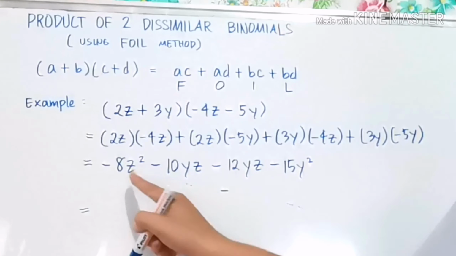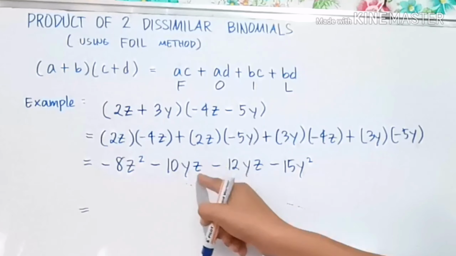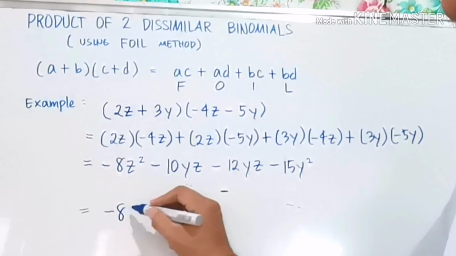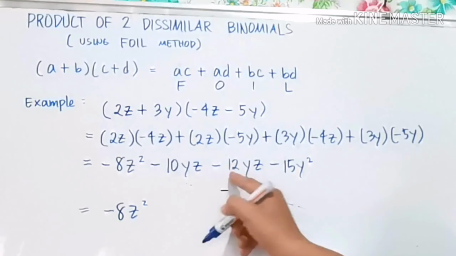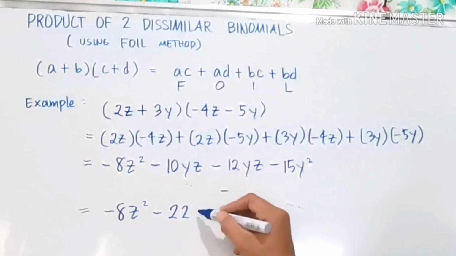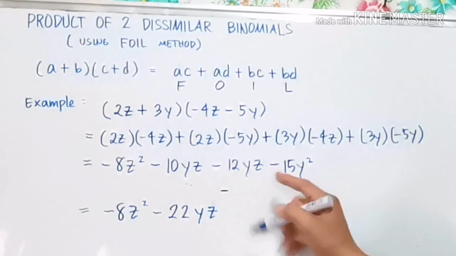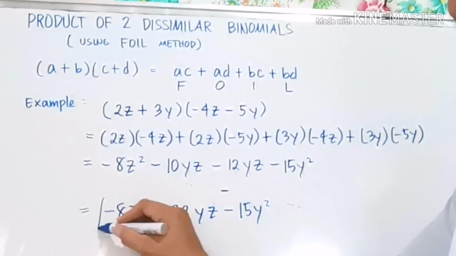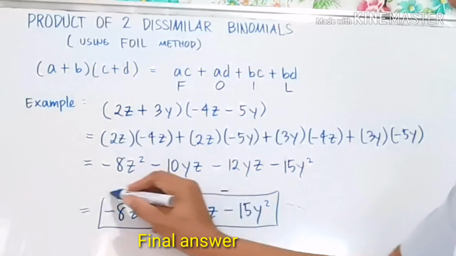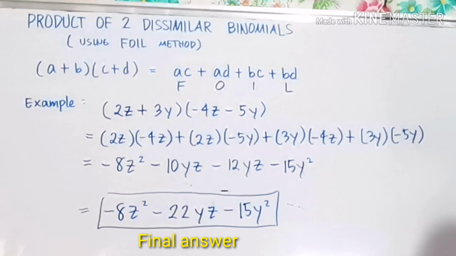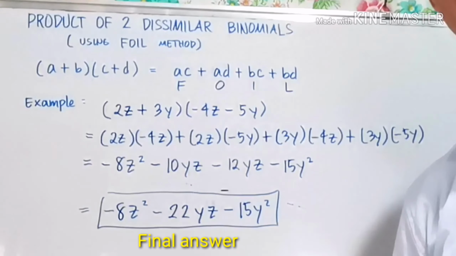At this stage we have similar terms. So let's combine the 10yz and 12yz, same sign, so we have 22yz, and the last term is 15y squared. Our final answer for this example is negative 8z squared minus 22yz minus 15y squared.